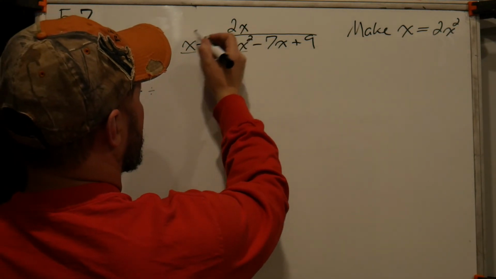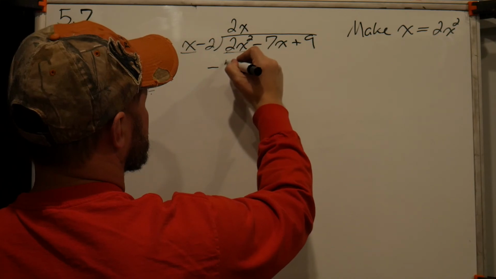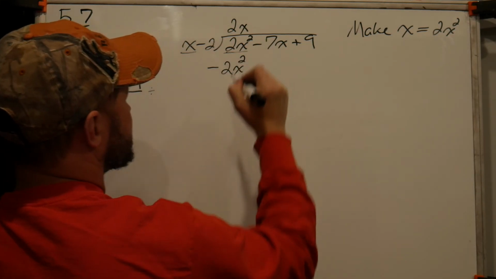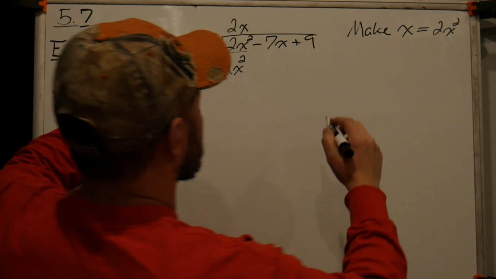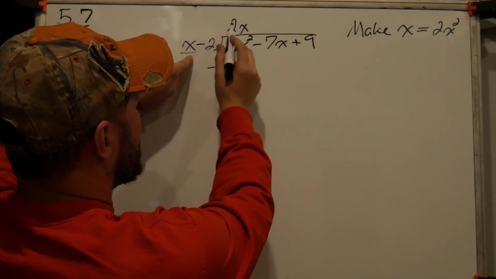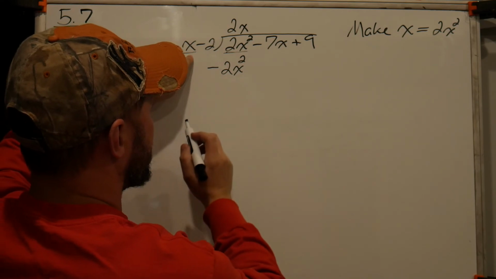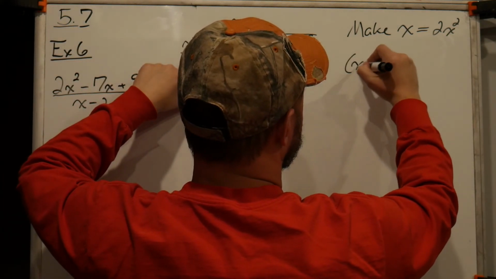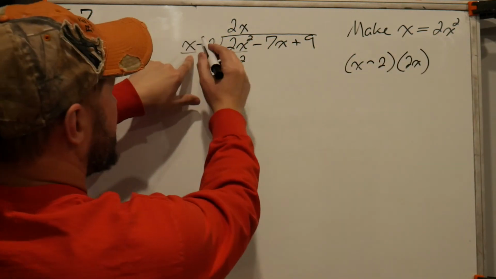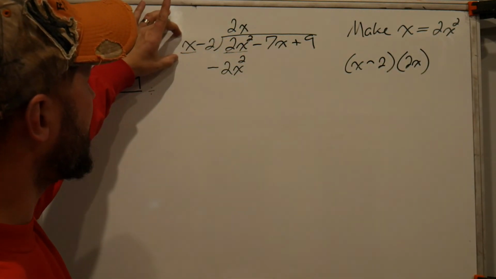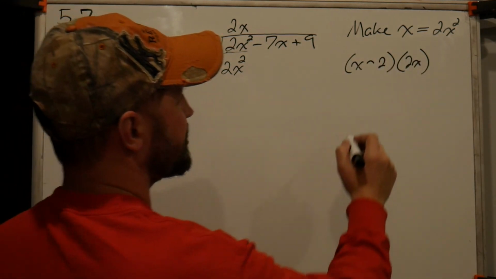When I do that, I come down here and I subtract it. So we do the opposite down here. Subtract it. What I'm doing here is I said, okay, I need to multiply x by 2x to get 2x squared. What I essentially am doing then is multiplying my whole quantity, x minus 2, times that 2x.